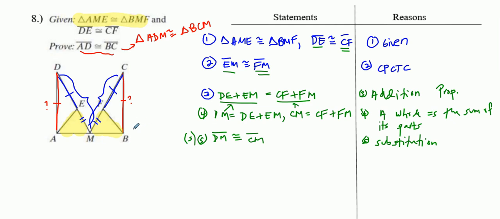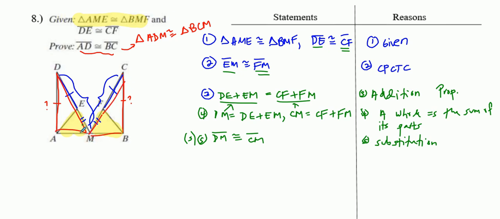Now, looking at other pieces of information that may help me with the yellow triangles that I already know are congruent, I go through each of the pairs of angles, and I'm trying to determine which pairs of angles are angles in the yellow triangle and these larger triangles, which I'll just highlight in red here.